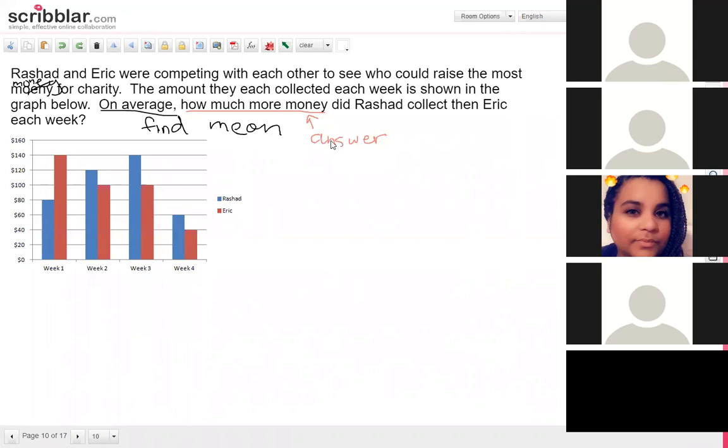So we want to start with Rashad, who is blue. Again, this is really tiny, but the blue is Rashad, red is Eric. So we need each of their averages individually. So from our blue bars, we need to find all the numbers.